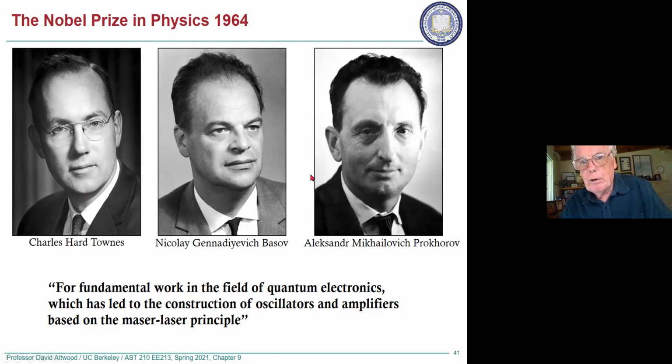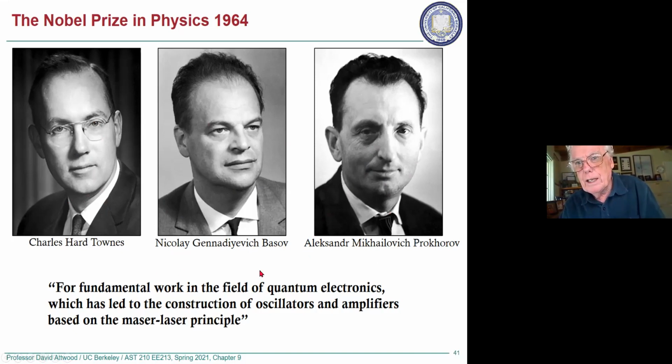And he shared the prize with two Russians, Nikolai Basov and Alexander Prokhorov, Prokhorov was the thesis advisor to Basov, and they all shared the Nobel Prize for work that was more along the lines of the maser than the laser, but everybody understood what was going on.